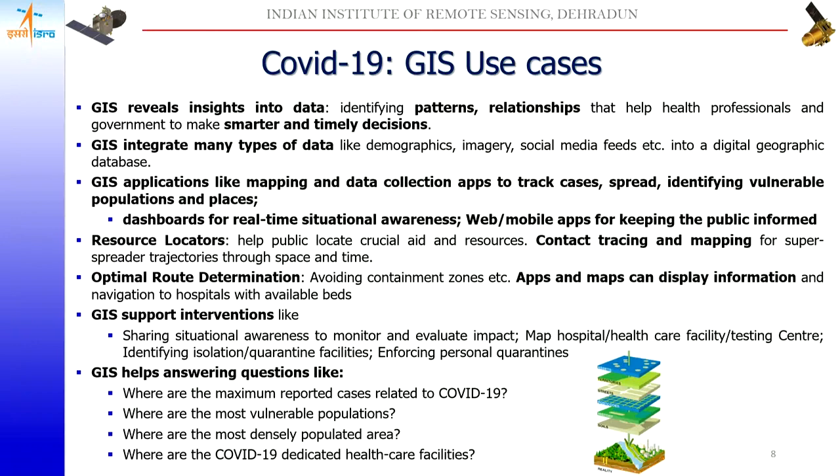Also, in some places social distancing may be difficult, so we can identify those high population density areas and then do targeted surveillance and awareness in those areas.